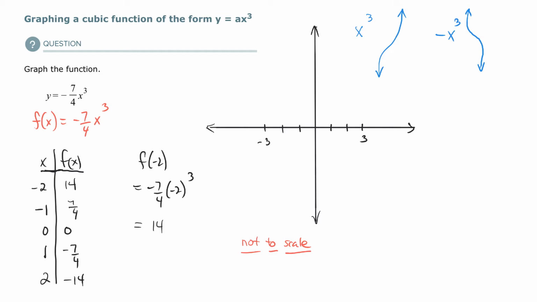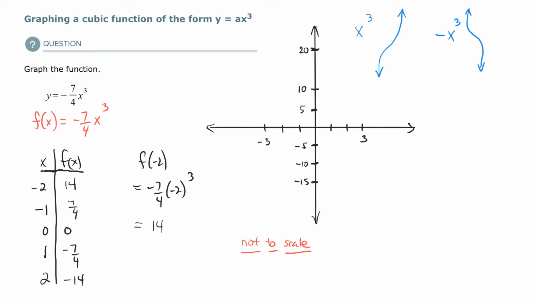And what do I mean by not to scale? Well, I'm going to probably draw, let's call that 20. Cut that in half, we call it what? 10. Cut that in half again, we call it 5, right? I'll count -5, -10, and then -15, and so on. That's good.